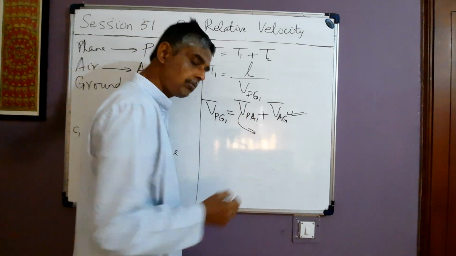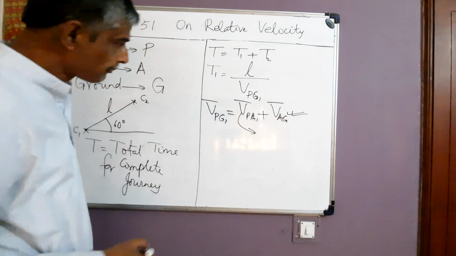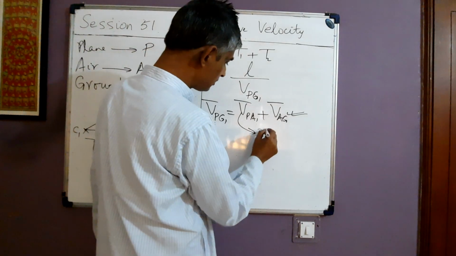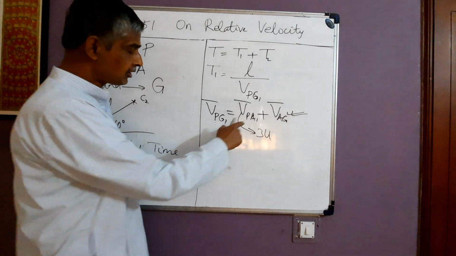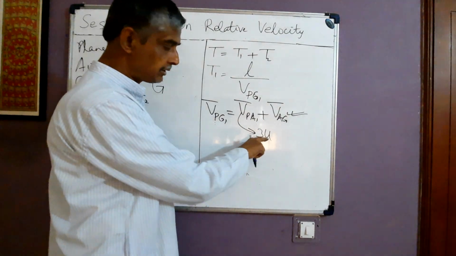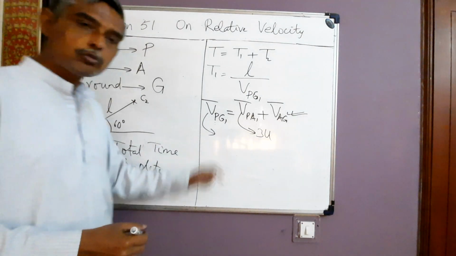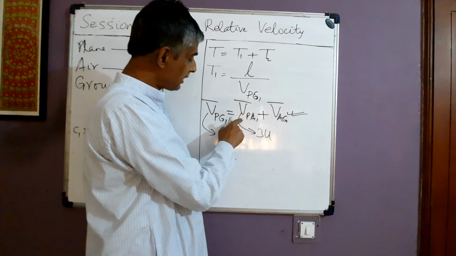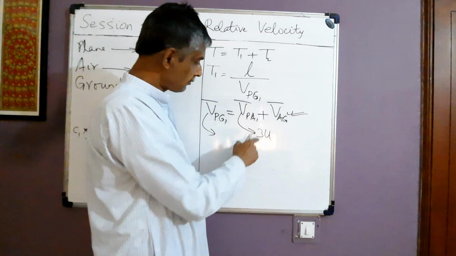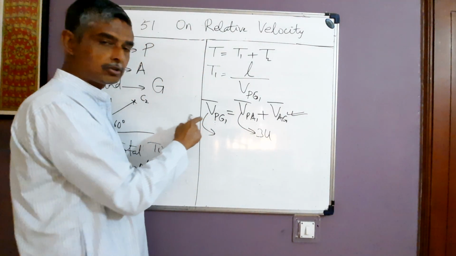For Vpa1, we know the magnitude, 3u, but the direction is not known. For Vpg1, we know the direction, C1 to C2, but not the magnitude.